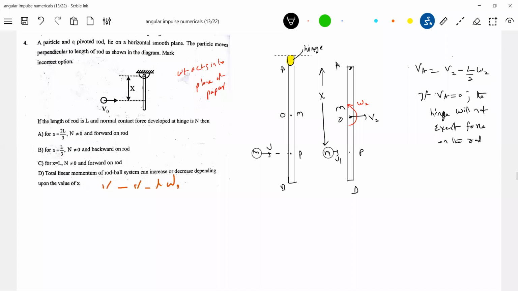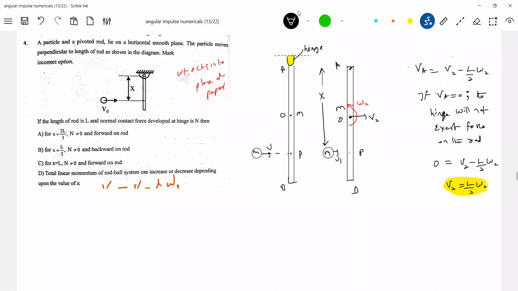For this condition, the hinge will not exert force on the rod. So for that, I'll put 0 equal to V2 minus L by 2 omega 2. So therefore, V2 is equal to L by 2 omega 2. This is equation 1.